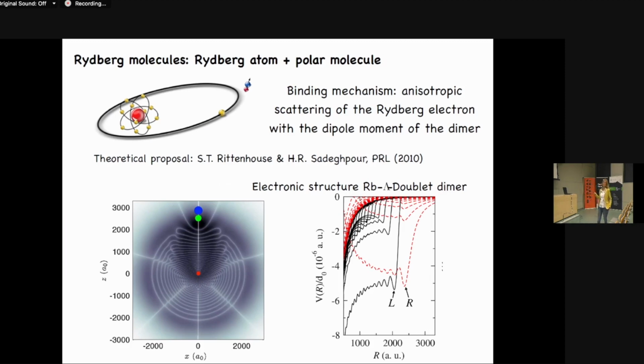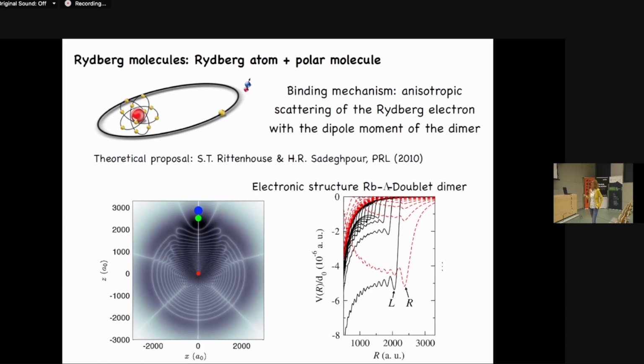It's this anisotropic scattering of the Rydberg electron with the dipole moment of the molecule. There was a first theoretical proposal by Seth Rittenhouse and Hossein Sadeghpour already 12 years ago. Time is flying, actually. They have the Rydberg, I think rubidium, as an atom, and for the diatomic molecule, what they did was to assume it could be described as a 2-state system, like a Lambda doublet molecule.